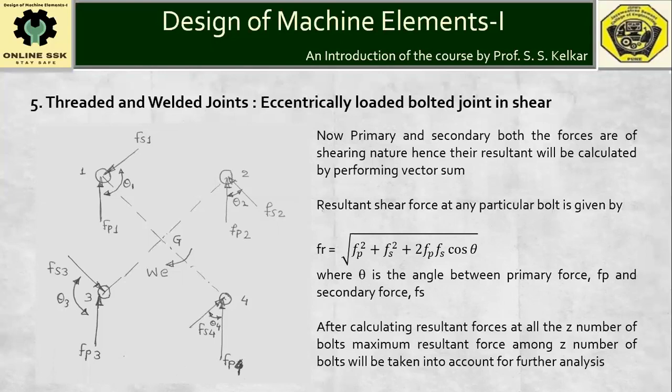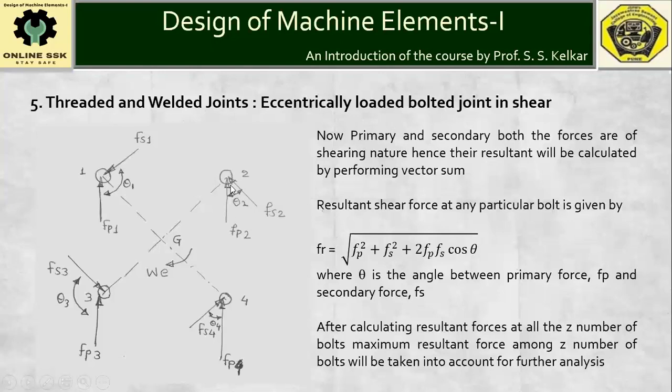So here, for deciding the critically loaded bolt, one has to apply logic such that the bolt which is further away from the CG will be experiencing more force, and the bolt which has a lesser value of theta will have the maximum value of resultant.